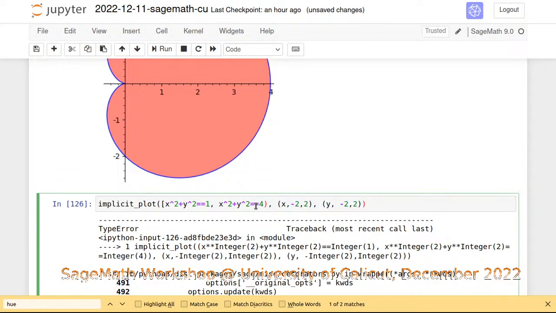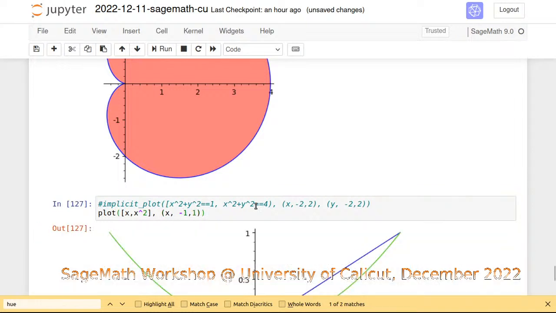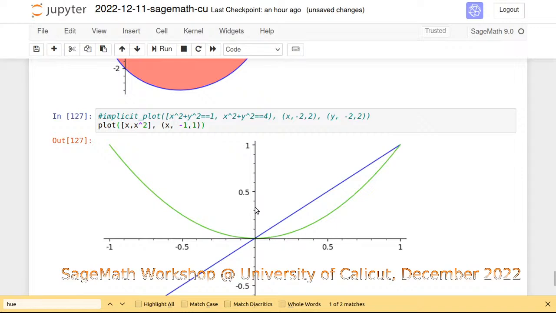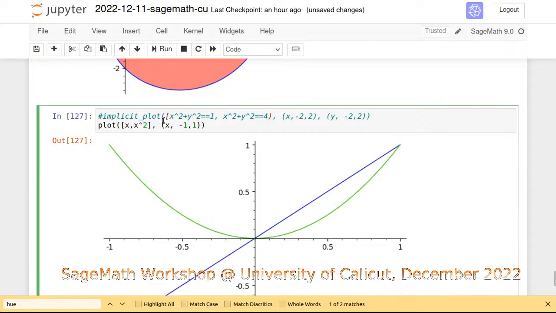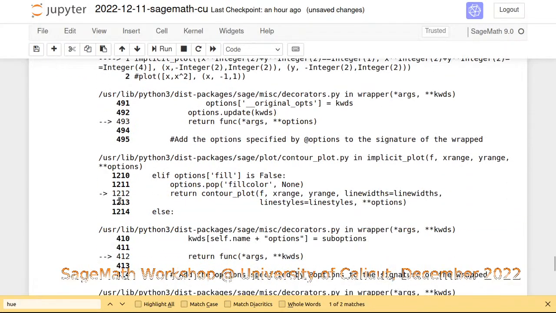Let me try with plot instead of implicit plot and see if my commands are correct. Plot x square, and x within the range -1 to 1. Okay, this is working. Have I mixed these two things, square bracket? What's the problem?